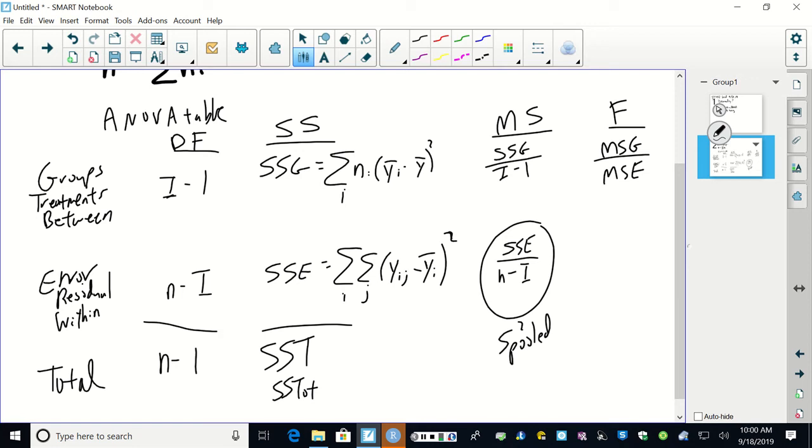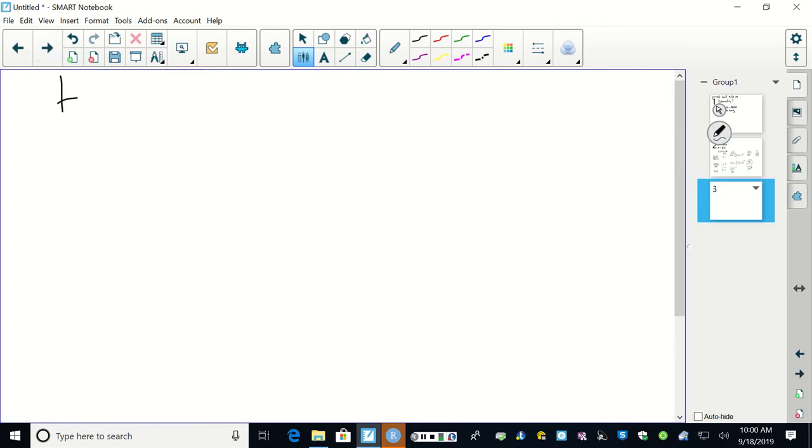Once you've written the notation with subscripts about 100 times, then you kind of whip through it. In any case, we want to test the hypothesis that all the mu sub i's are the same. Right, no difference in means.